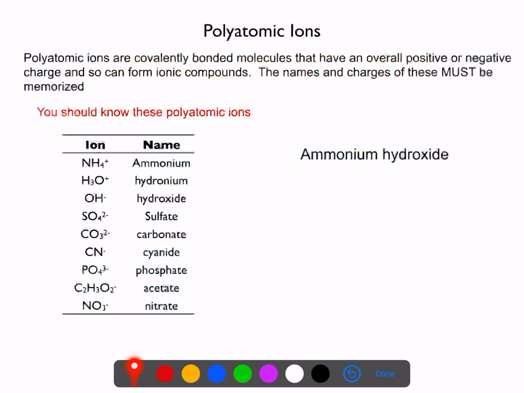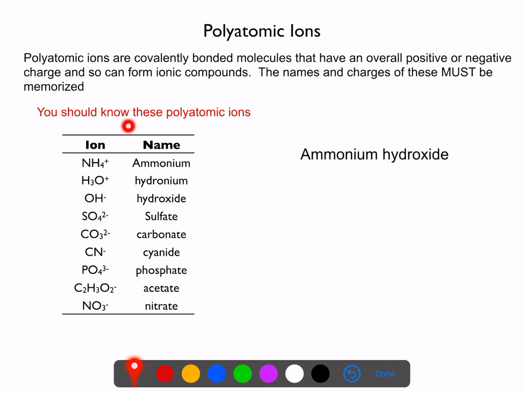Now we have another case of our ionically named compounds of when we're using what's known as polyatomic ions. So there are some ions that don't just come straight from the periodic table, but are actually a collection of covalently bonded atoms together that overall have a charge.